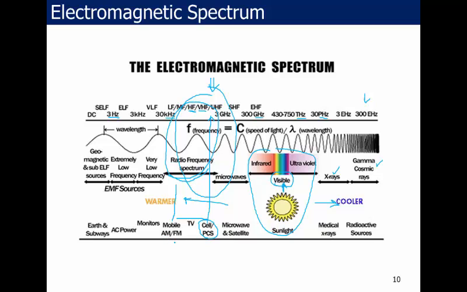And our radio, AM and FM, is in this range: AM is kilohertz and FM is megahertz, right? So FM is higher frequency than AM in our radio broadcasting.